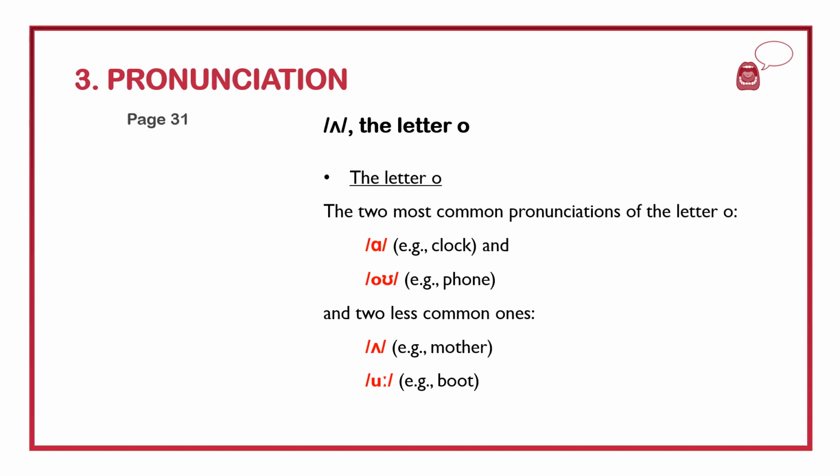Some examples are already done for you. For example, doctor, that goes to the first column, don't, second column, come, third column, and do is the last column. So please do this in 2 minutes.